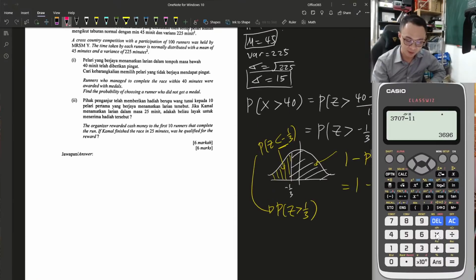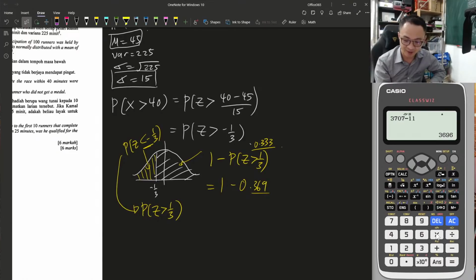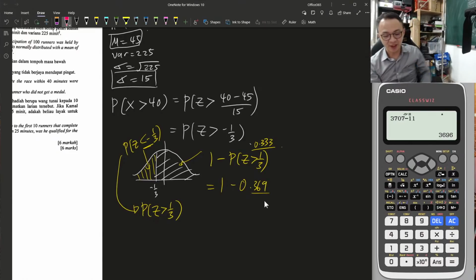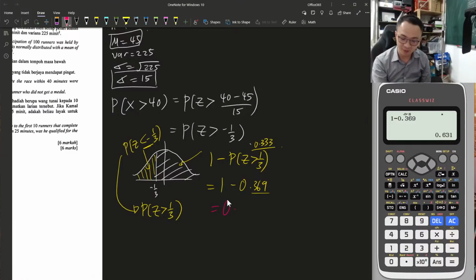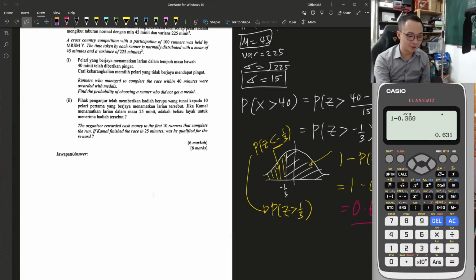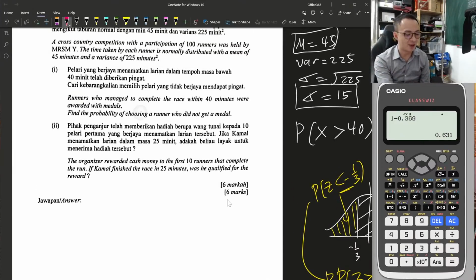So we'll get about 0.369. Then you just minus it: 1 minus 0.369. So it's about 0.631. Alright, so this is how we got part A.